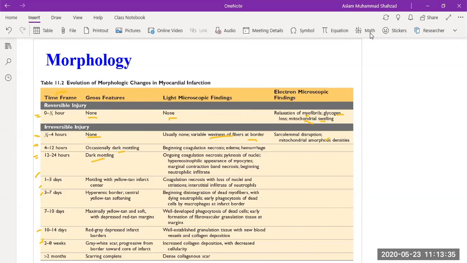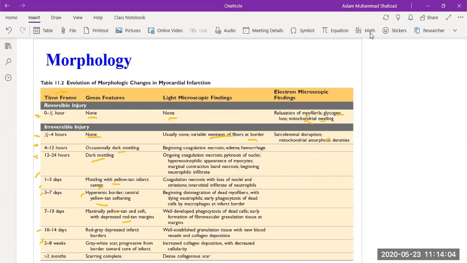Then it will further enhance mottling with yellow-tan infarct center, and then further increase to hyperemic borders with yellow-tan softening. And then with 7 to 10 days, it becomes maximum yellow-tan and soft with red-tan margins, and then so on.